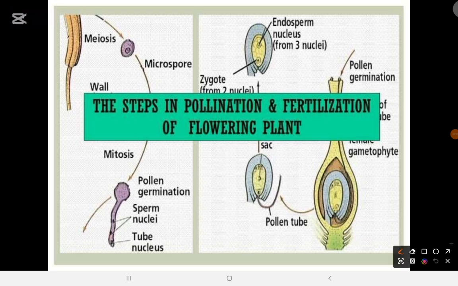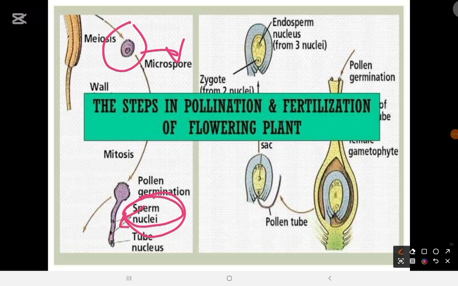So we're going to see where by meiosis the microspores are created, and by mitosis the generative nucleus breaks into the sperm cells.